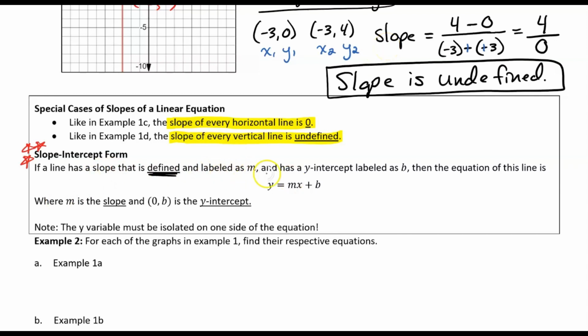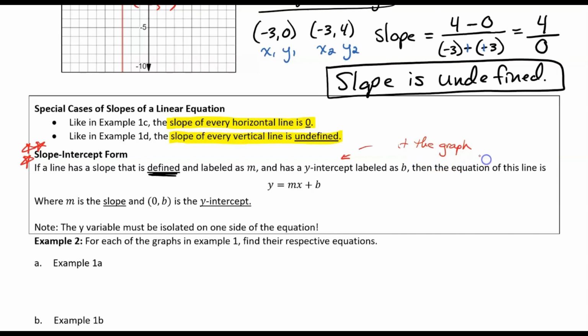So if it has a slope of m and a y-intercept labeled as b, so that y-intercept is going to be where we cross the y-axis, the point where the graph crosses the y-axis.